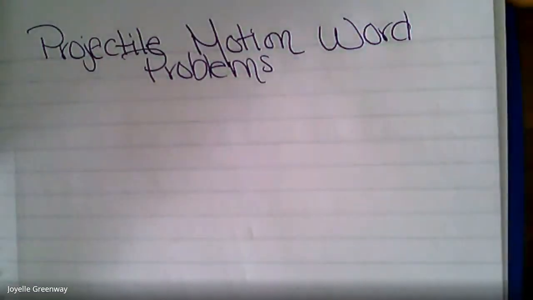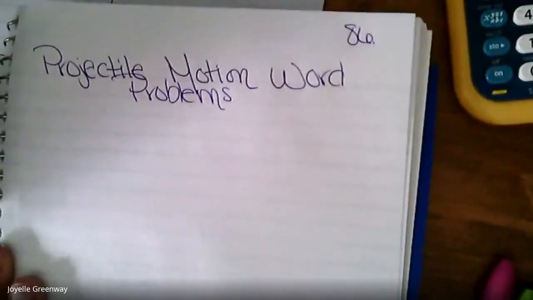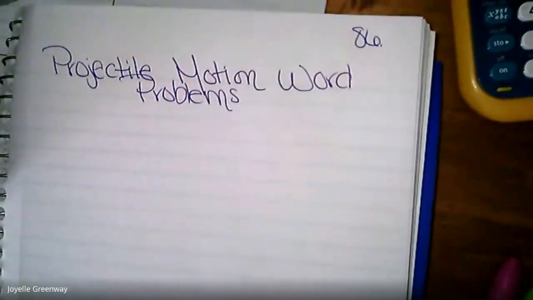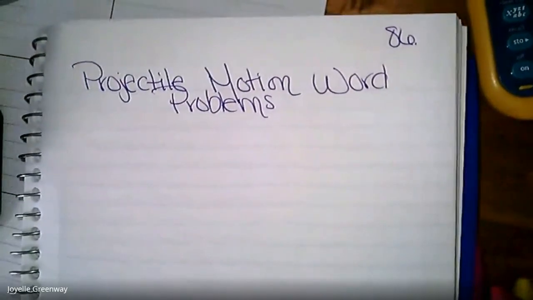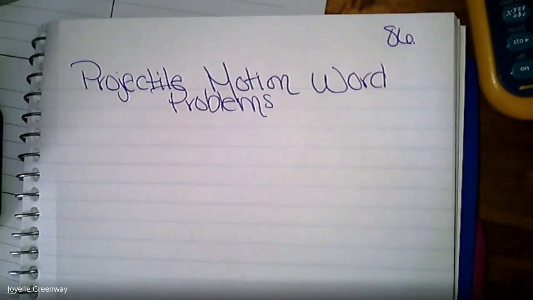So we updated our table of contents last week. So what I need you to do, please, is turn to your page 86: projectile motion word problems. And before we get into any of the actual notes, we're going to identify some of the key features of your parabola.